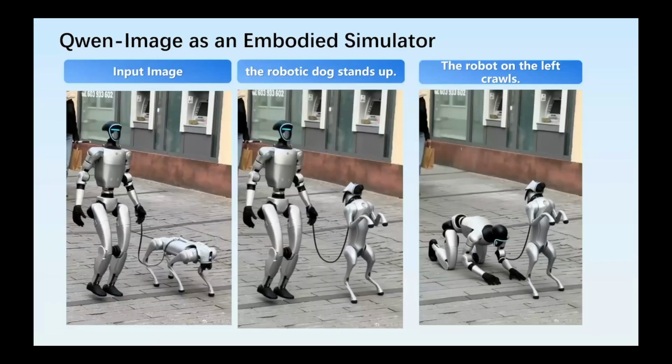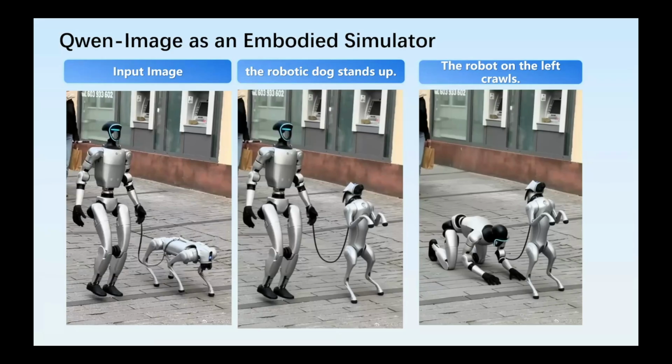So now let's look at another fascinating example, this time featuring multi-agent embodied interaction, a humanoid robot and a robot dog. We started with the input image, a robot walking alongside a robot dog, connected by a leash like a human walking their pet. So first instruction, the robotic dog stands up.